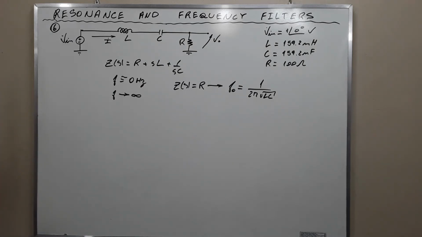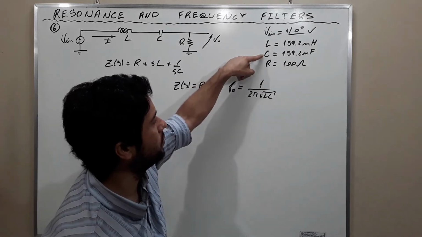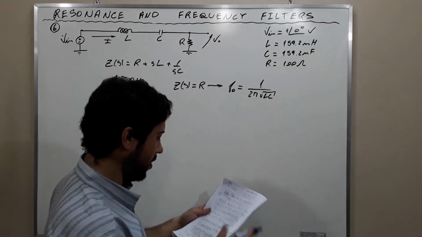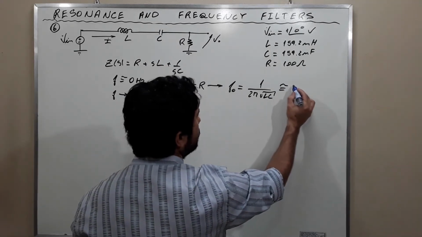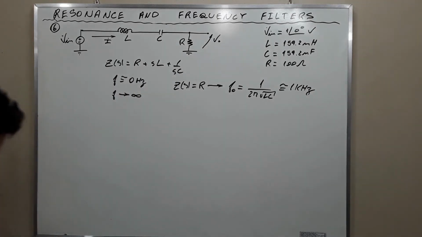Okay? And we are going to find this resonant frequency using the values of L and C here. Okay, we find that the resonant frequency is approximately equal to 1 kilohertz.